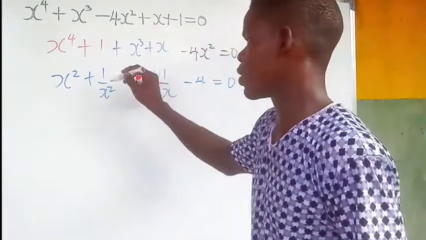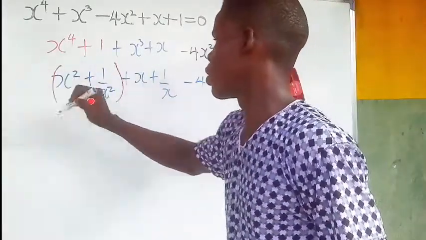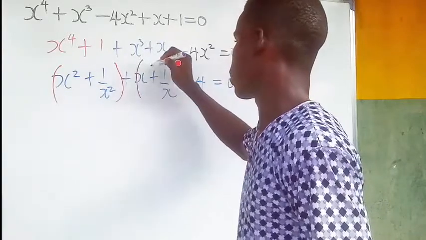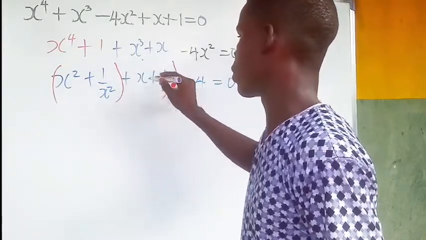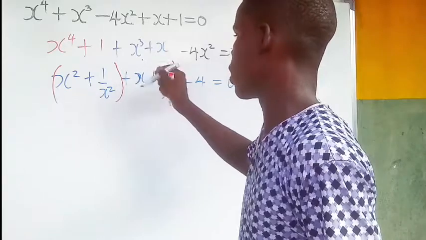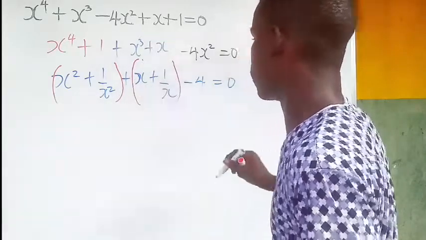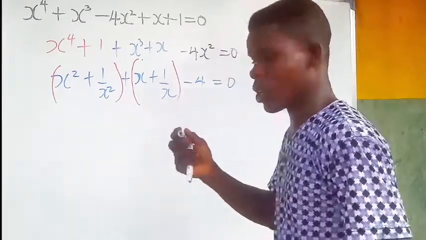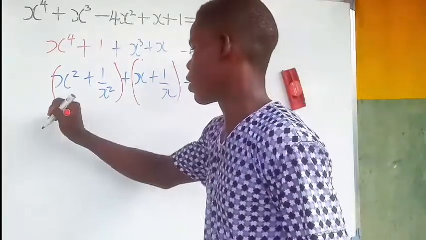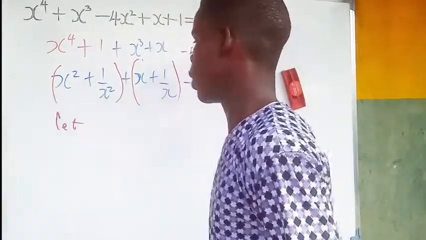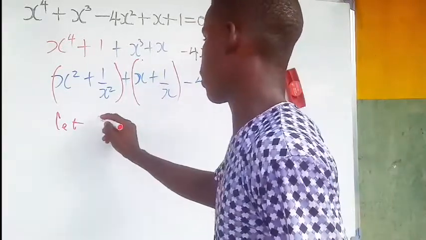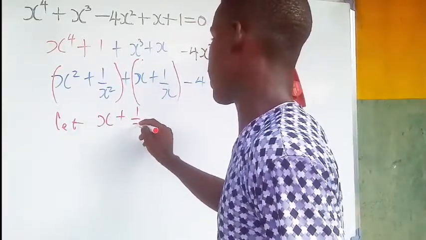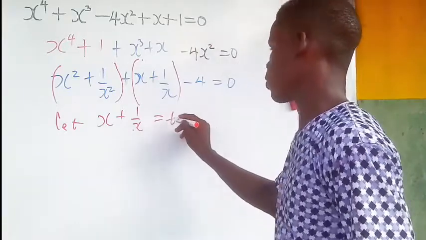So we can group this like this. Now let's call something: let x plus 1 over x be t.